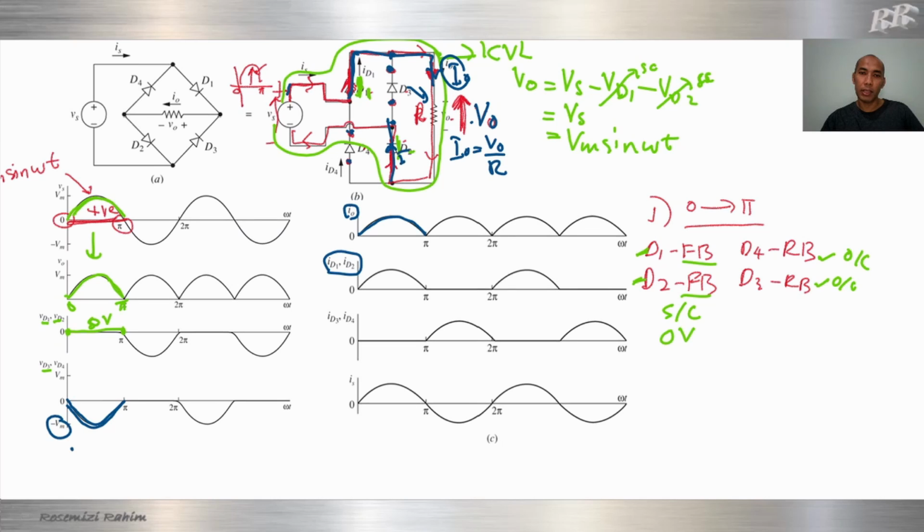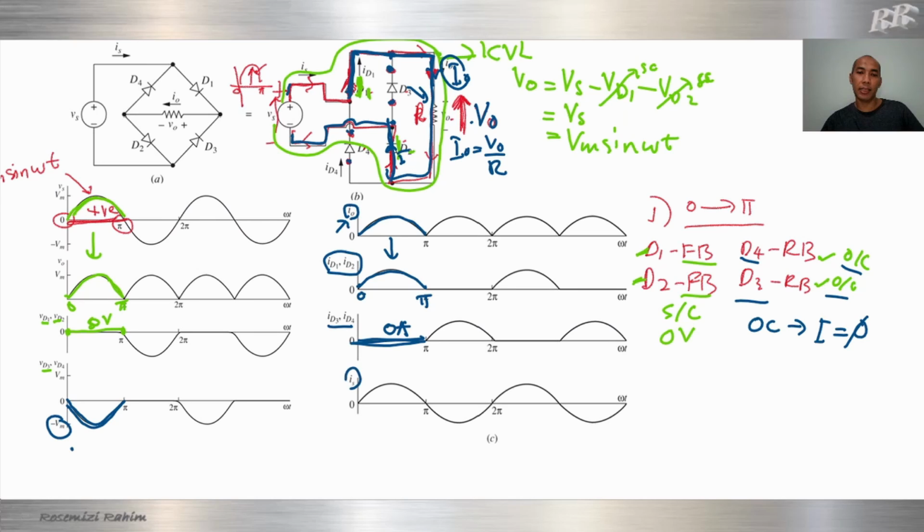They are in the same line, so ID1 and ID2 are the same as I naught, from 0 to pi. ID3 and ID4, we know that D3 and D4 are reverse bias, open circuit. So open circuit means that I will be equal to 0 ampere.